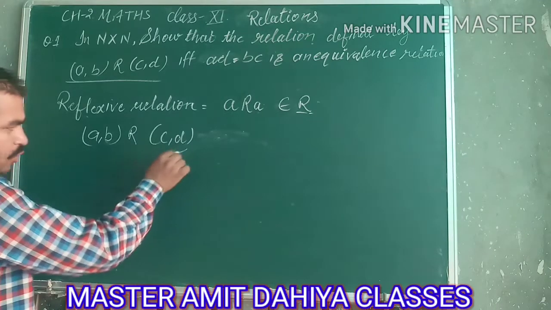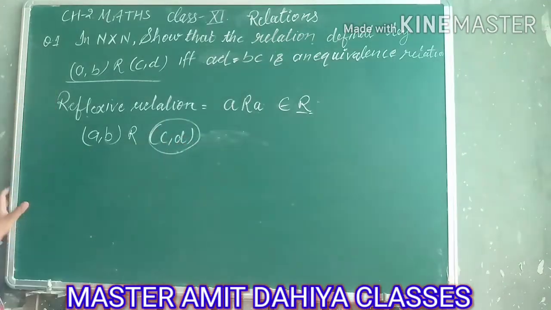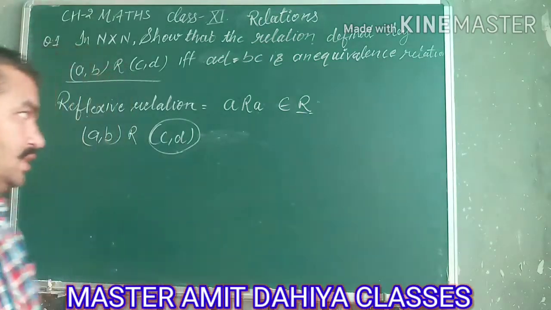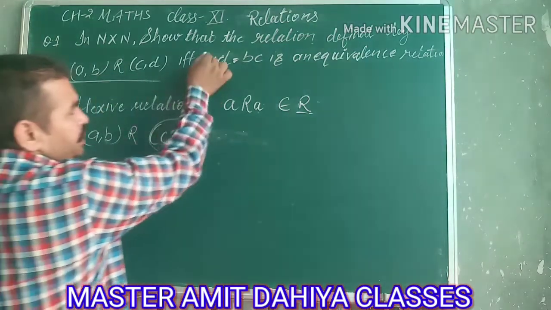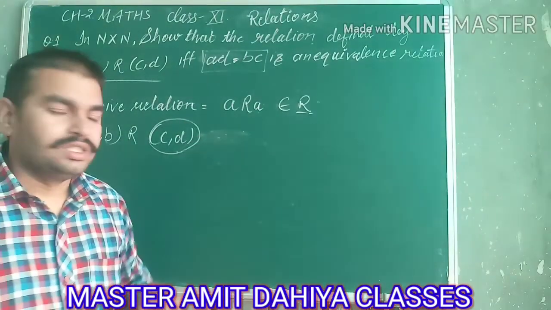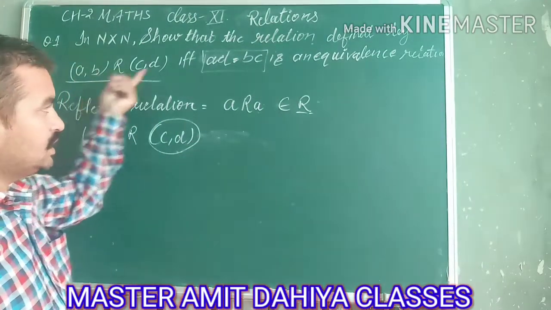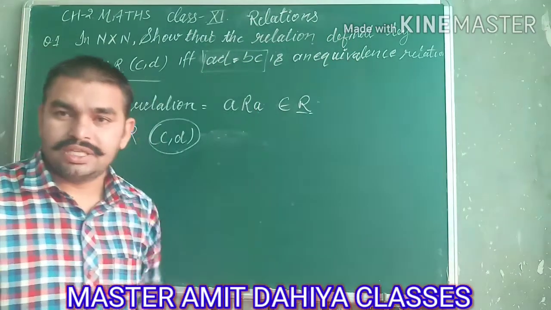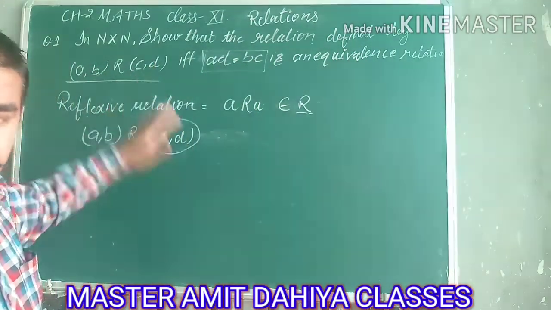Now what I have to prove: हम मान के चलते हैं कि this holds the relation, ये relation है, then अगर ये relation है तो ये condition satisfy करेगा, yes or no? If this holds the relation, then this condition will be satisfied. Left hand side is equal to right hand side, then we can say that it is true.